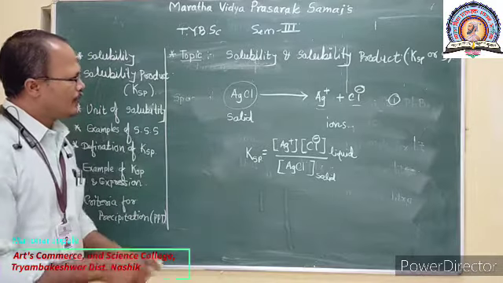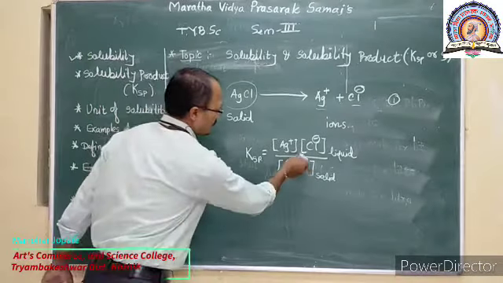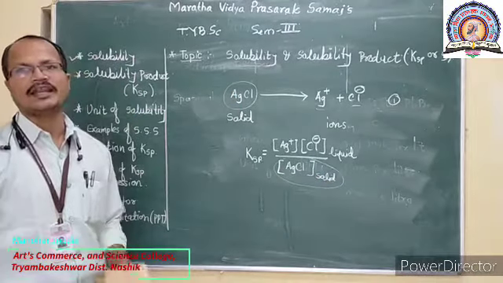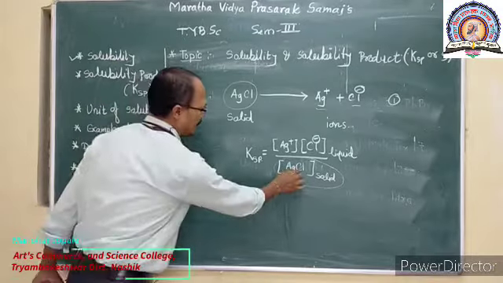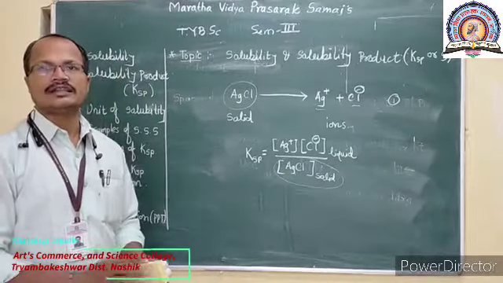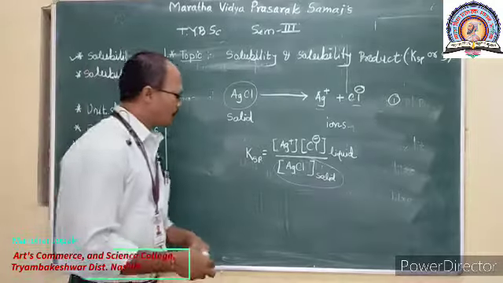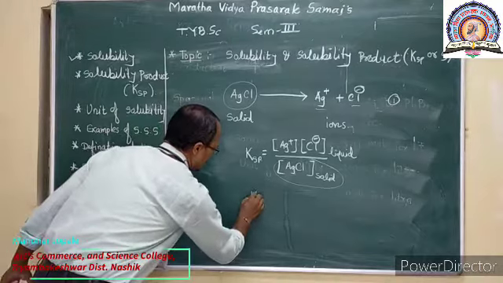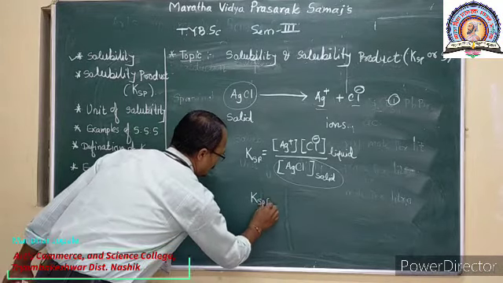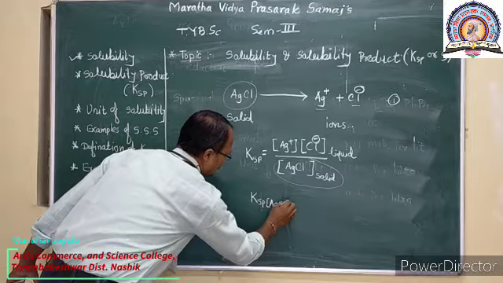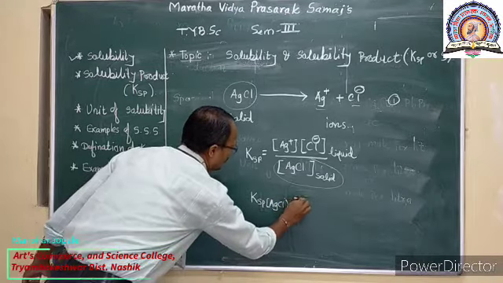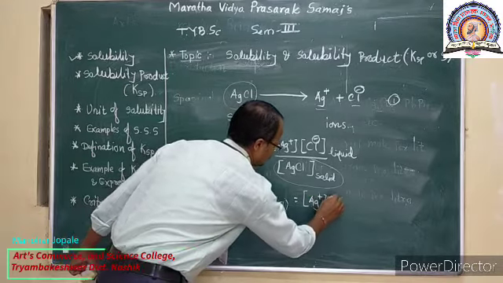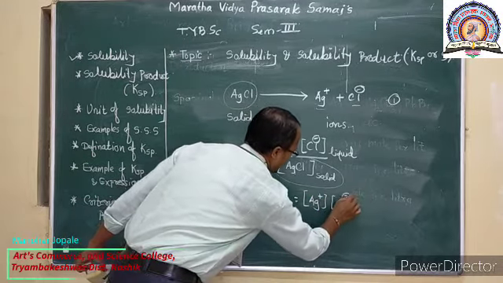Here we know that the solid is about 99% or 99.99%. So we assume that theoretically there is no change in the concentration of AgCl, and that equation becomes KSP of AgCl is equal to the concentration of Ag plus and Cl minus.